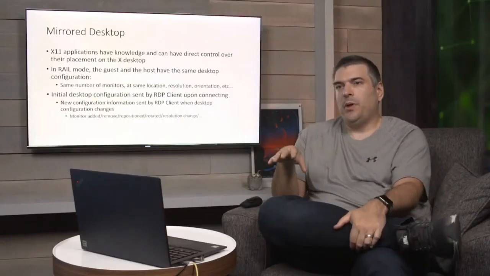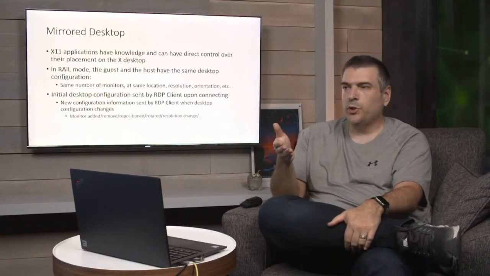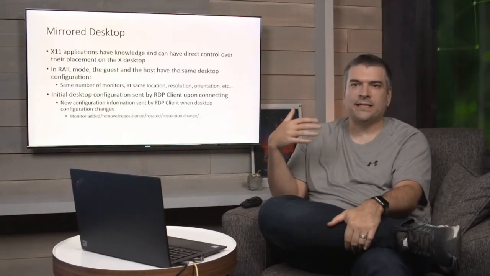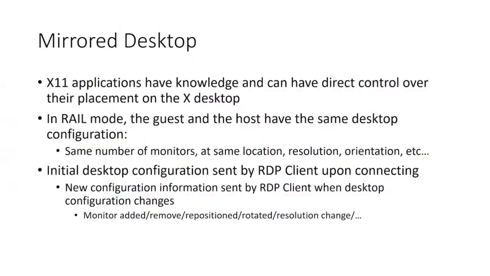And that's important because whether you're trying to remote a Win32 application on Windows, or whether you're trying to remote an X11 application in Linux, X11 apps are aware of their placement on the desktop, right? They have to be aware of how many monitors there are, and where they are on a specific monitor. So in RAIL mode, we always mimic things.